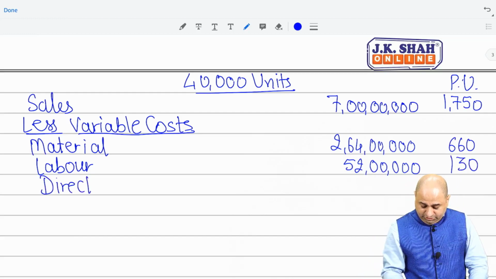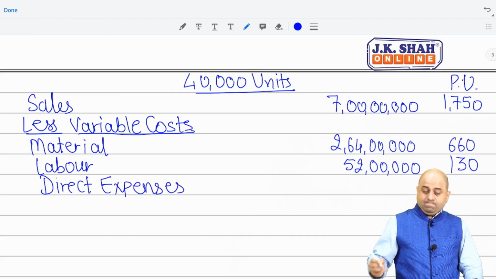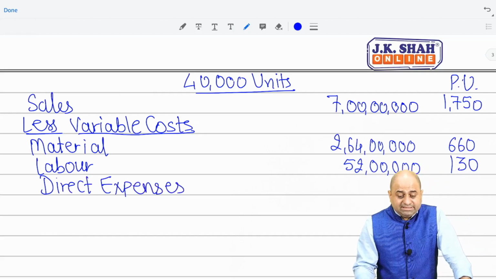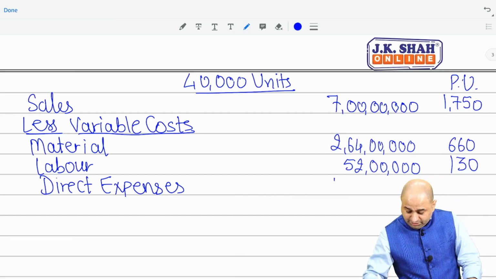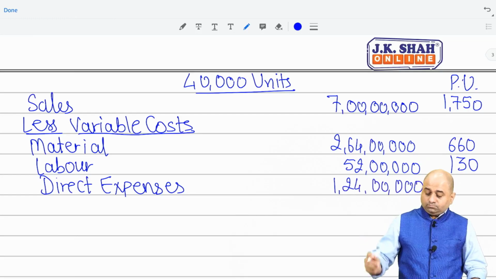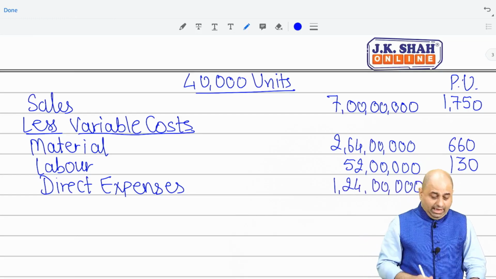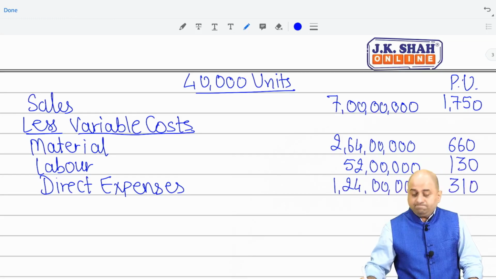Direct expenses, I am given as 124. 124 into 1 lakh. So that is 1 crore 24 lakhs. And again, I'll calculate the per unit figure, which is 310.